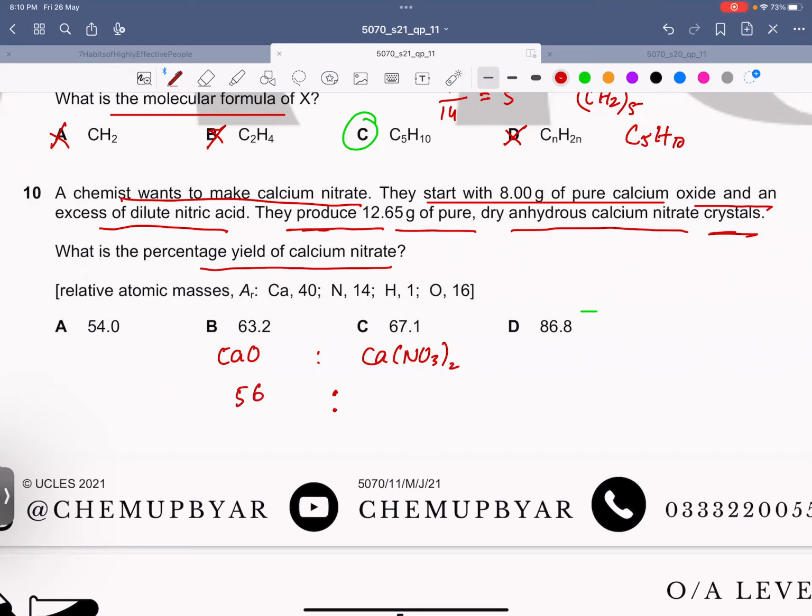What is the Mr of calcium nitrate? Can anybody confirm me, please? There are 2 nitrogen, which makes it 28. So if we use 8 gram of calcium oxide, then X amount of calcium nitrate would form.